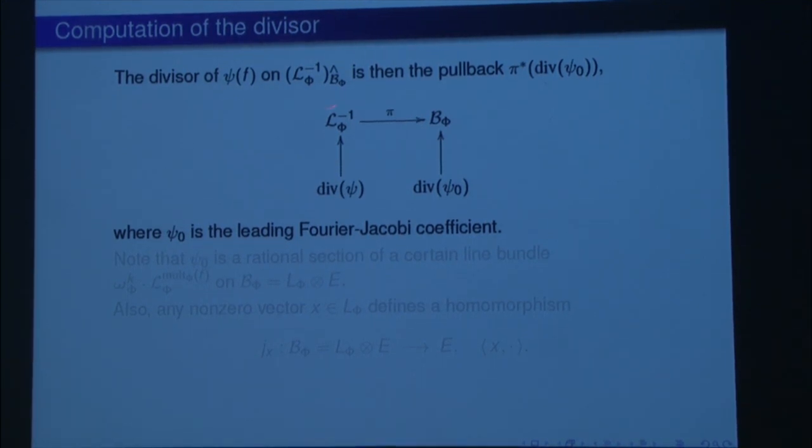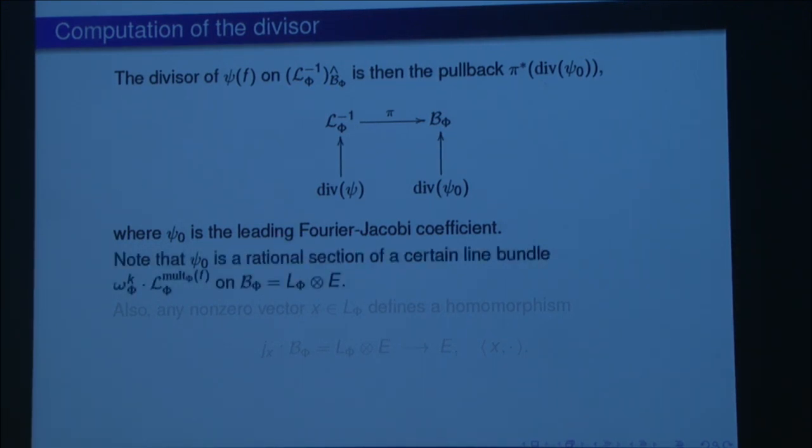Its whole neighborhood looks like some line bundle over this abelian variety where you take a neighborhood of the zero section and you delete the zero section. That's what a neighborhood of the cusp looks like. So it's a line bundle over this abelian variety. And the leading Fourier-Jacobi coefficient, anyway, it's a rational section of some certain bundle on here, and so on.